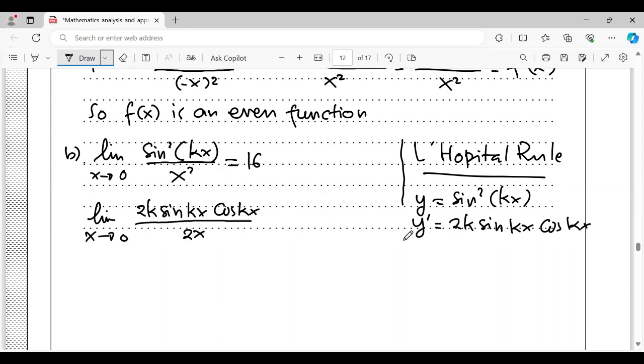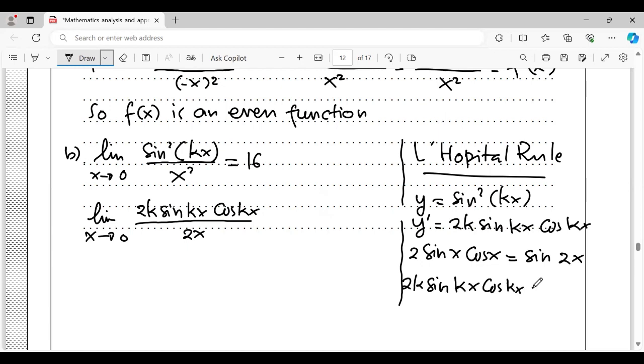And after that, based on the trigonometric identity that 2 sine x cosine x equals sine 2x. Okay. So 2k sine kx cosine kx equals k sine 2kx.